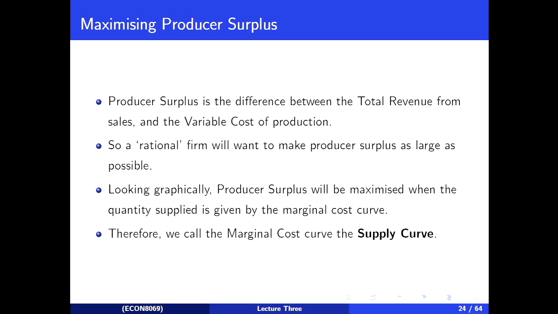The levels of producer surplus and profit will be different. Let's write this down. Producer surplus is revenue minus variable cost.